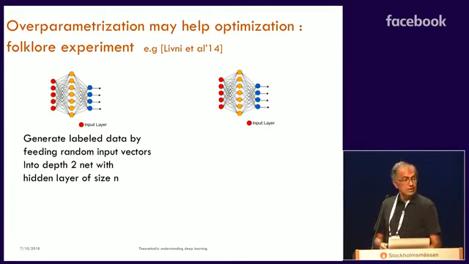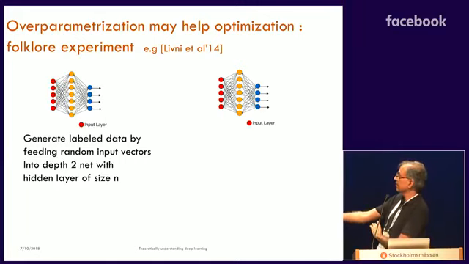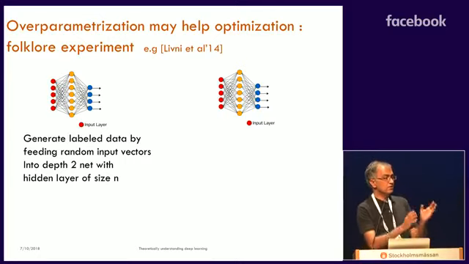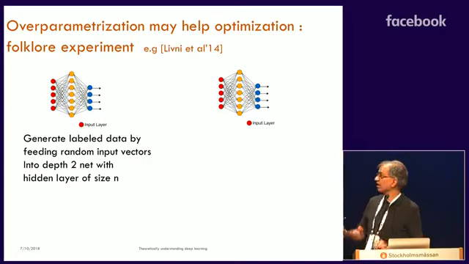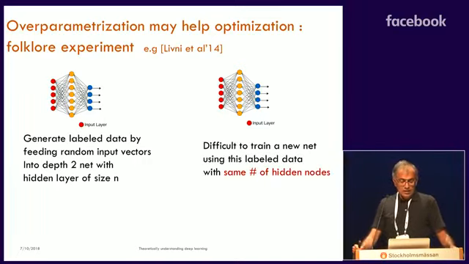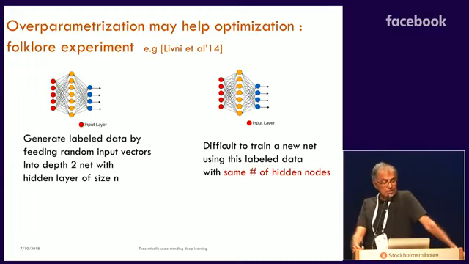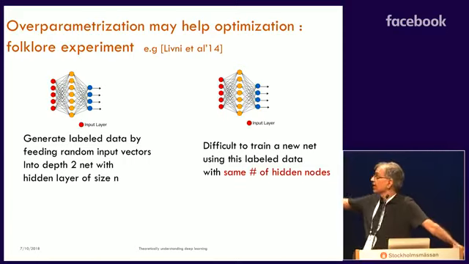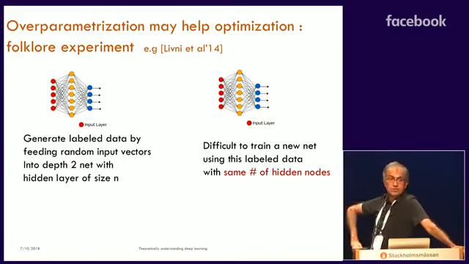So now you try to do the following. You know that there's this deep net that explains the data that you've got. But now you put aside that deep net and try to train a new deep net, same architecture, using that data. And now what you find is that it's quite difficult to train a new net using this labeled data if the number of hidden nodes is exactly the same as what was in your ground truth deep net. Okay, it's just a very hard optimization problem.